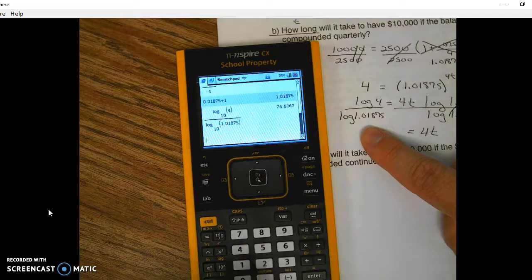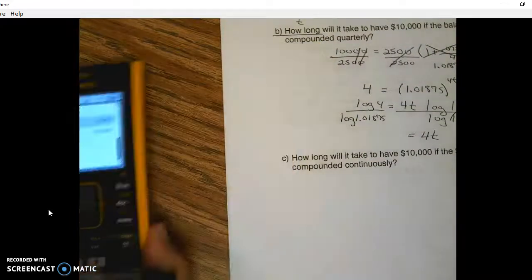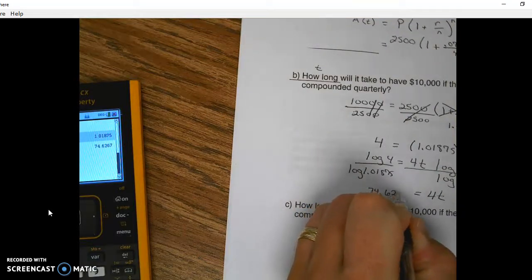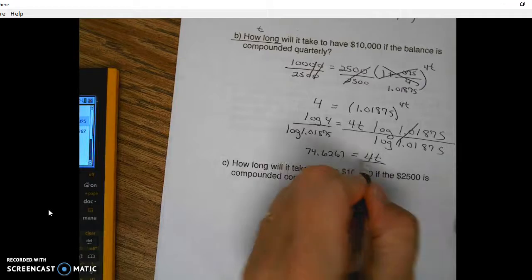Make sure you use all the decimals to the very end. Then we'll divide by 4.